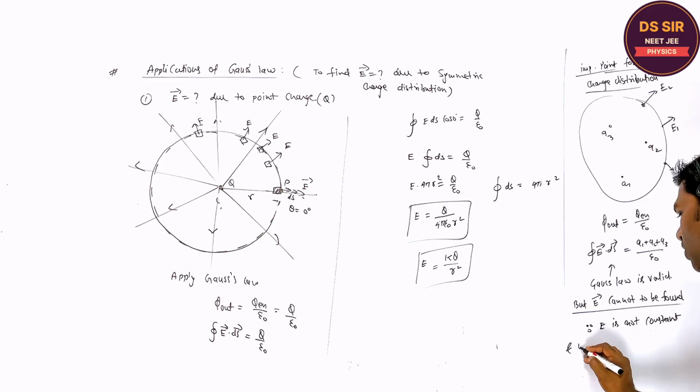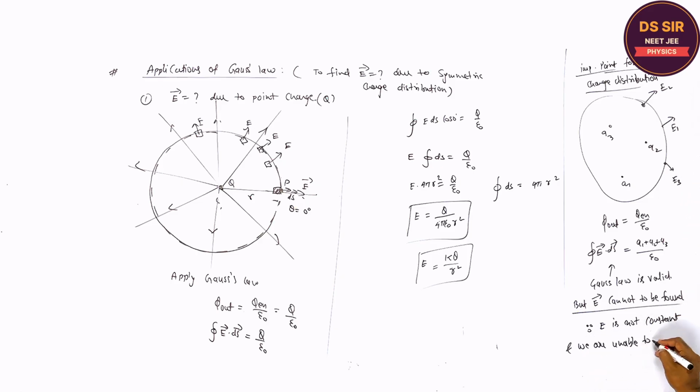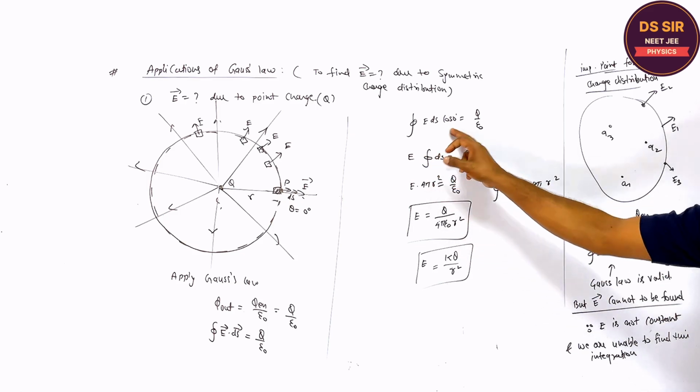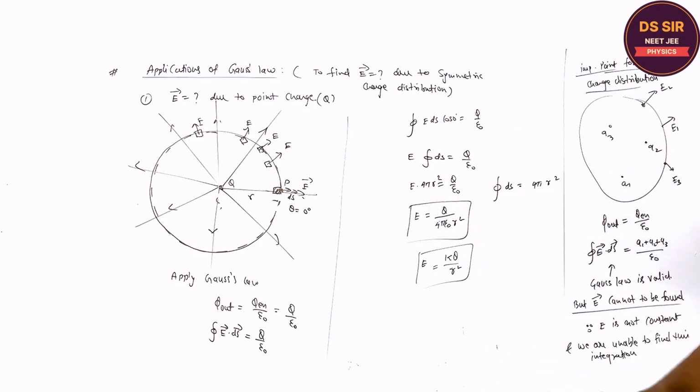If we could do the integration, we could find the electric field. But how do we integrate? When you take E ds cos 0, the electric field cannot be taken outside the integration, because at every point the electric field will be different.